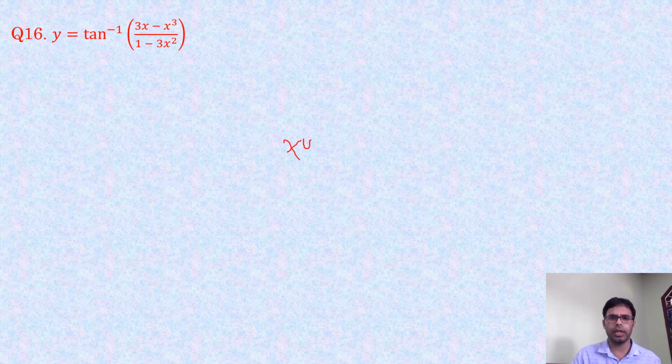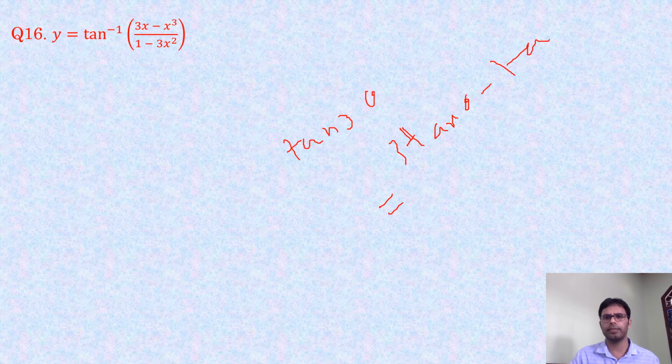Tan 3 theta is equal to 3 tan theta minus tan cube theta divided by 1 minus 3 tan square theta. You have the formula in first year.